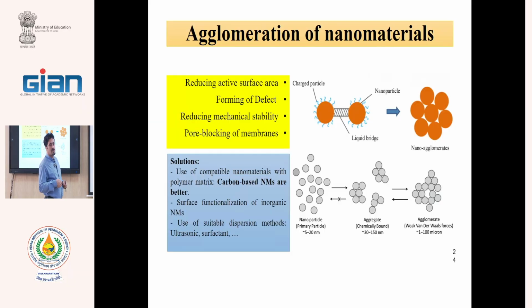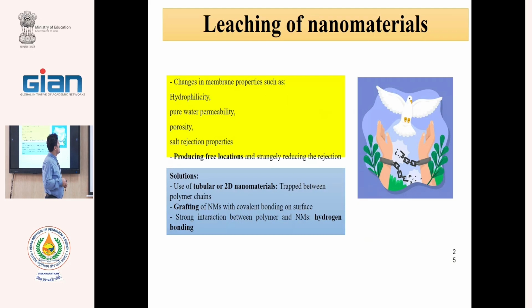There are some suggestions for reducing these challenges. For example, for reducing the agglomeration, we can modify the membrane surface. We can use surfactant and others. For reducing the leaching, the two-dimensional nanomaterials have low leaching.